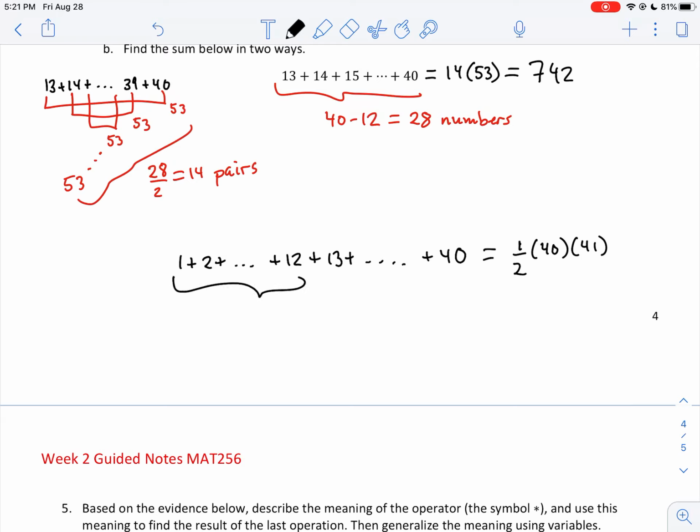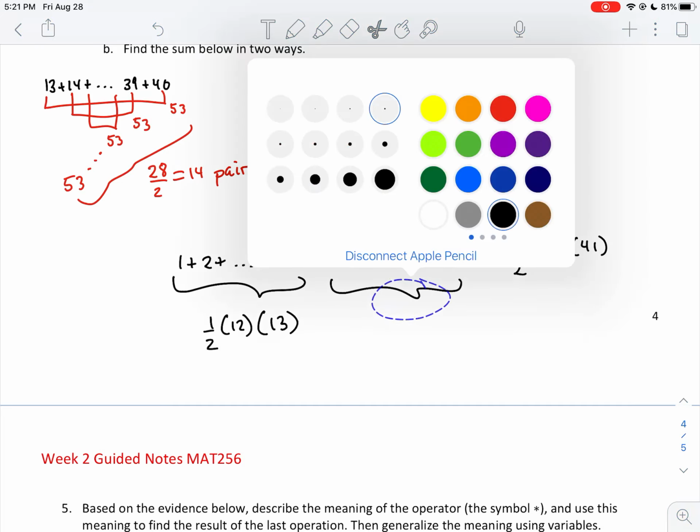But then if I apply that same formula, but just to the first 12, I would have 1/2 of 12, so there's 6 pairs, and each pair adds 13. Right, so I do 1 plus 12, 2 plus 11, 3 plus 10, etc. So I'm using the formula that we came up with twice. Therefore, the rest of this should be, let's make this a different color, green.